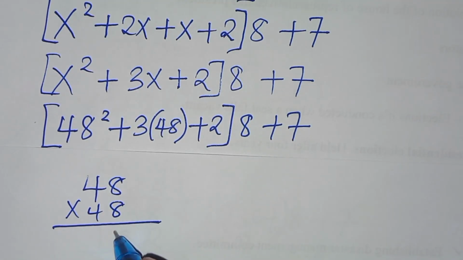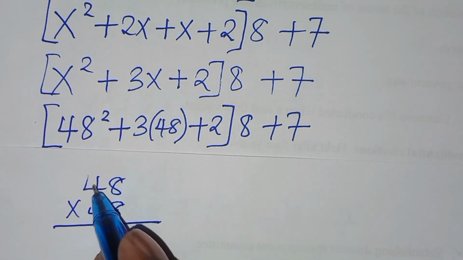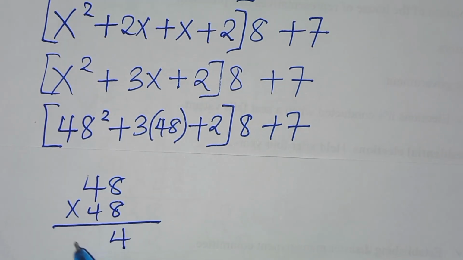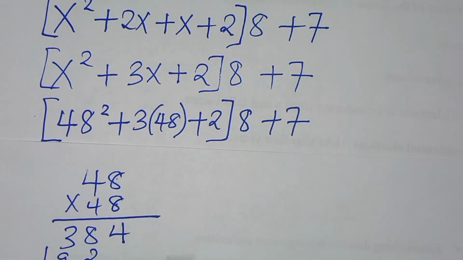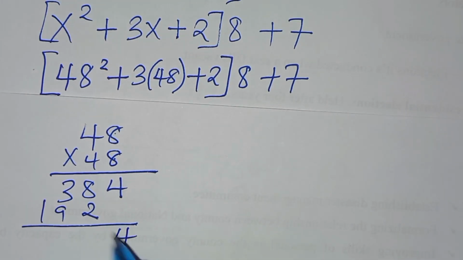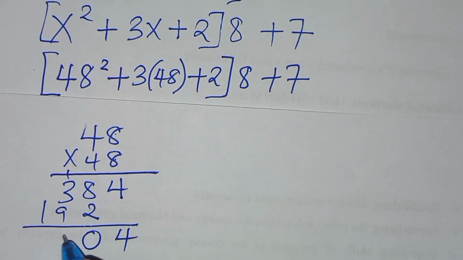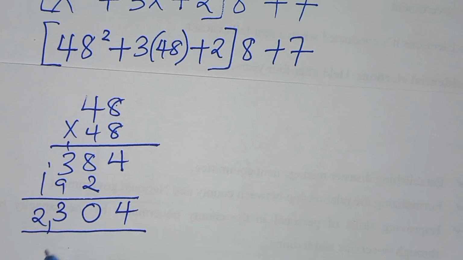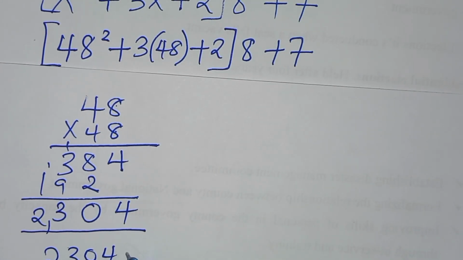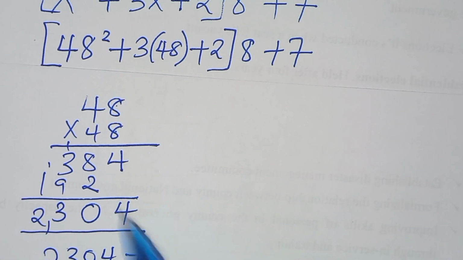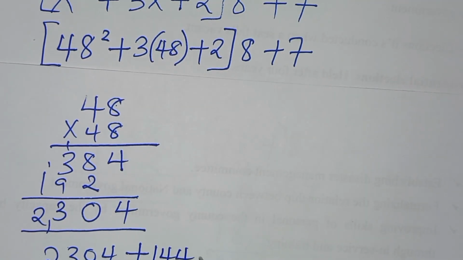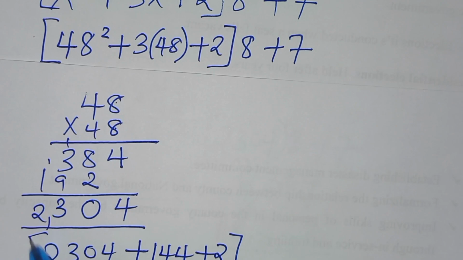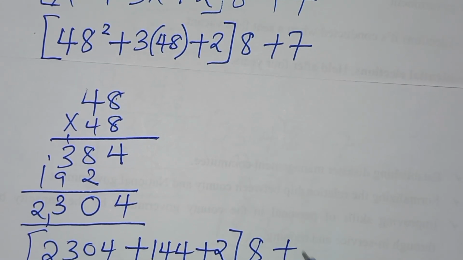So here we have 8 times 8 is 64, so 4 carries 6, then 8 times 4, that's 32 plus 6, that is 38. 8 times 4, this is 32, it's 2 carry 3, then 4 times 4, 16 plus 3, this is 19. So here we have 4, this is 10, 0 carry 1, this is 13, carry 1, so we have 2304, so 2304 plus, now 48 times 3, this is 144, then plus 2, everything here multiplied by 8, then plus 7.